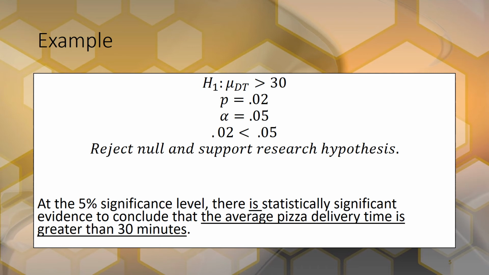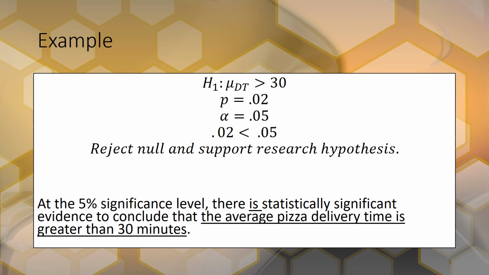So here's our sentence based on our findings. At the 5% significance level, there is, because we did reject the null, and we did find support for our research hypothesis because the p-value was less than our alpha level, we say there is statistically significant evidence to conclude that the average pizza delivery time is greater than 30 minutes. So basically, I'm just taking the research hypothesis and putting it in words there.